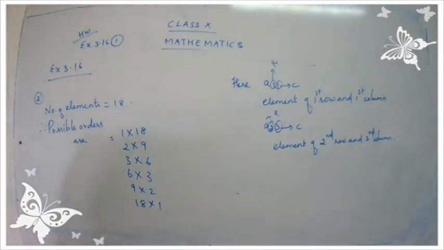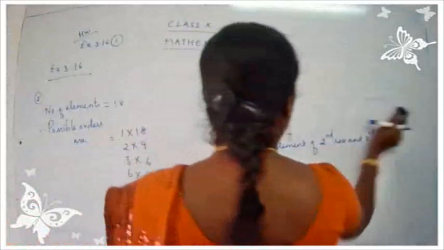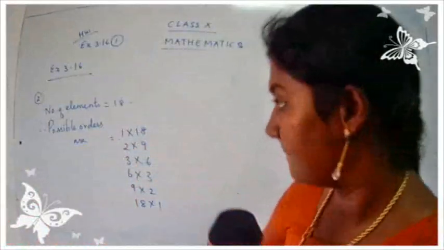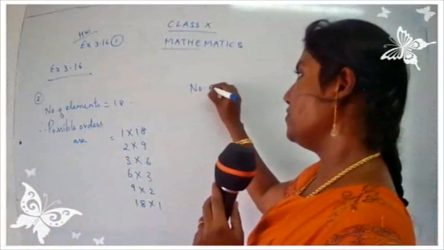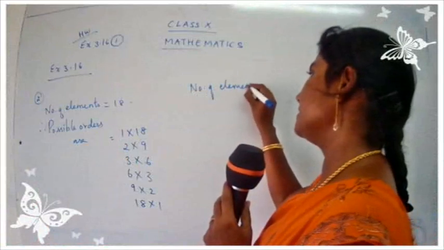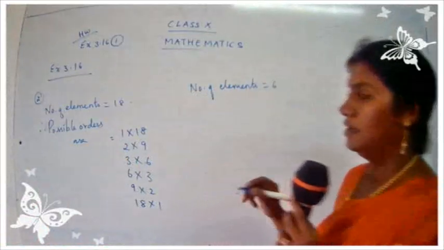They are asking you, what if it has 6 elements? Same manner we are going to continue. Let us write down here. Write down. It's a continuation. So number of elements is equal to 6.